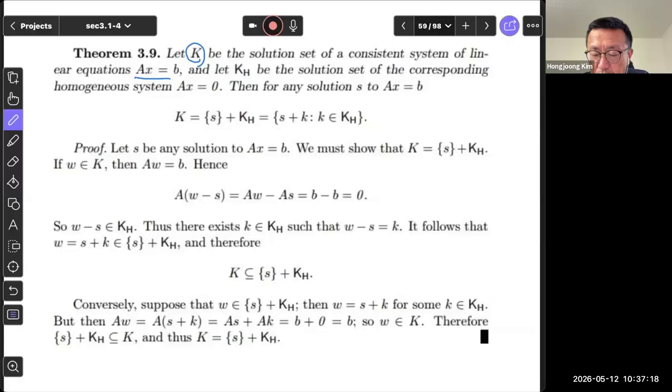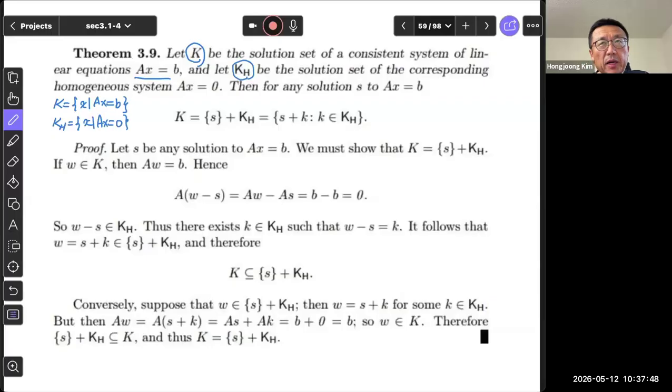Now let me use K sub h to denote the solutions of the corresponding homogeneous problem. In other words, K is the set of solutions for the Ax = b problem, and K sub h denotes the solutions for the Ax = 0 problem.